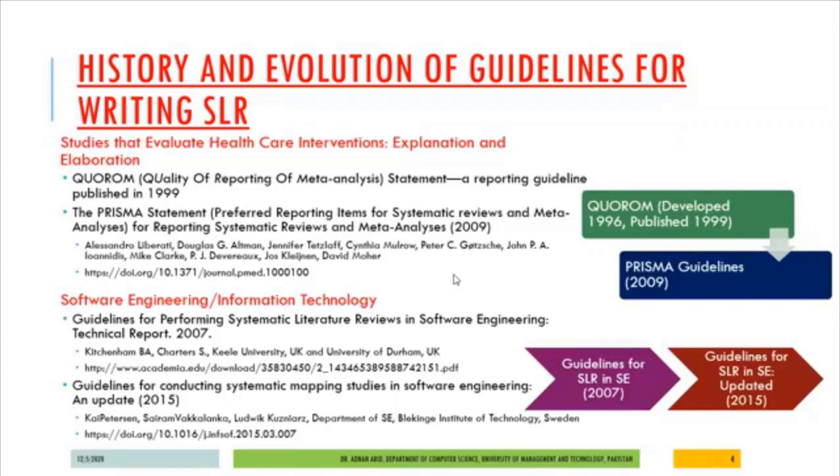What I have tried to compile in this talk is a more generic and easy to understand version of these guidelines. I hope it will be very beneficial for you to understand the concept, the idea, and how to go about it practically to compile, write and manage to publish a good systematic literature review.